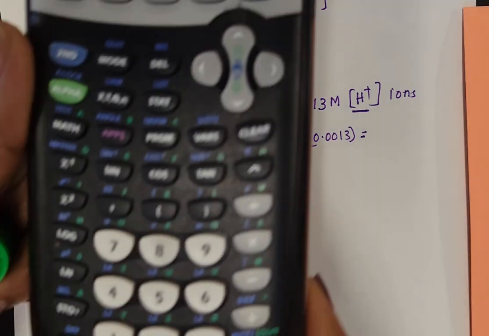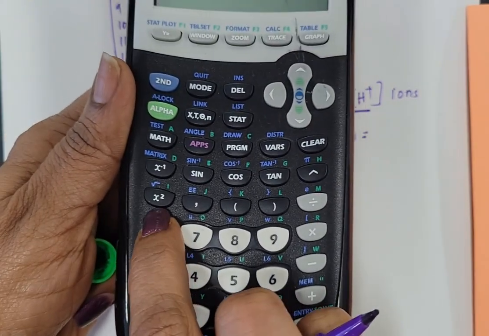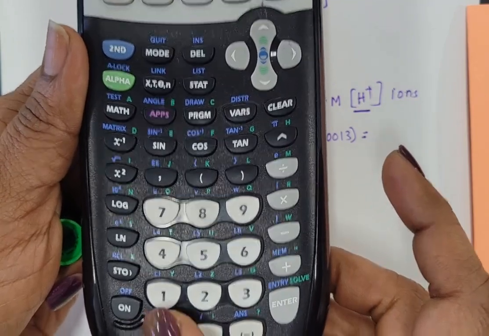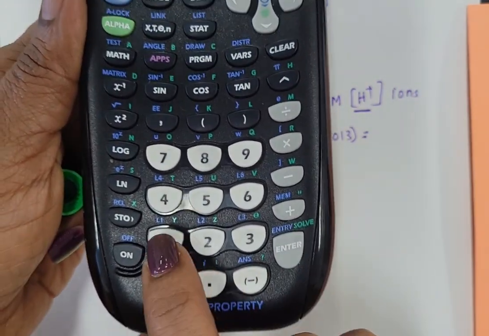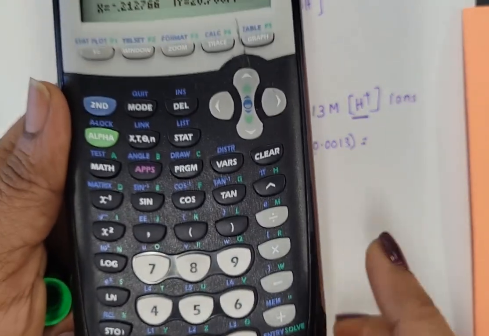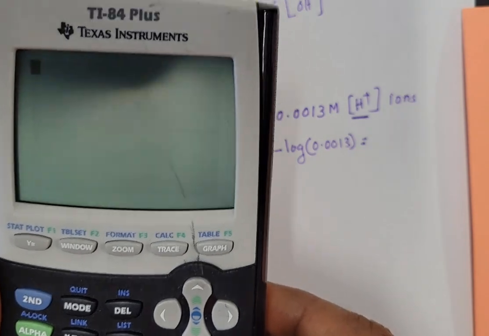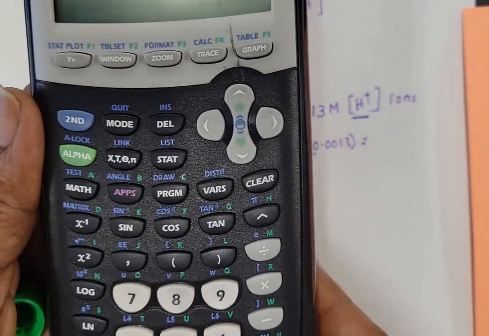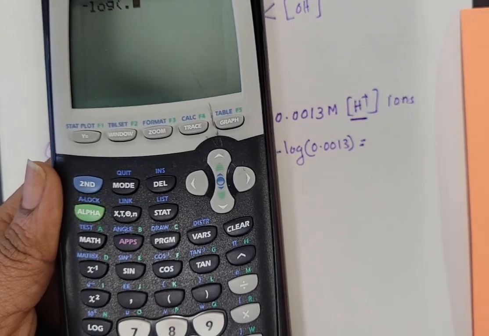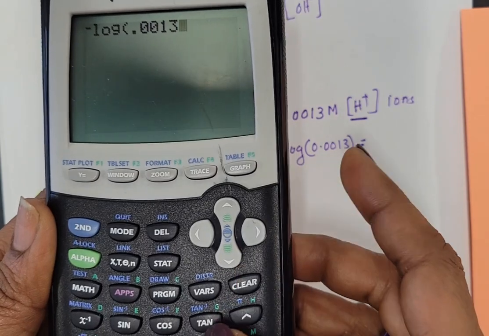Okay, so this is how you do it. You have to press negative, then log, then enter the value 0.0013, close the parenthesis.